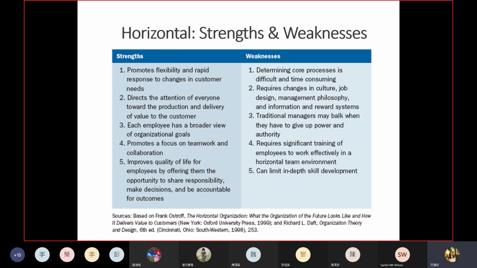Why do we say that? Because when you organize in teams and in each process, basically you are telling each employee why they are assigned to such a position. They will know exactly their contribution, in terms of each activity and each process. So they will also see what kind of processes, what kind of activities are most important for our company to deliver the value.